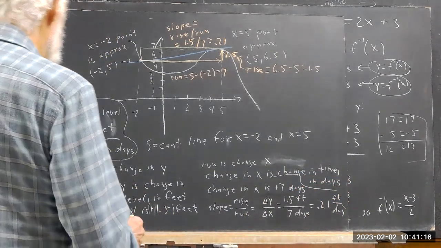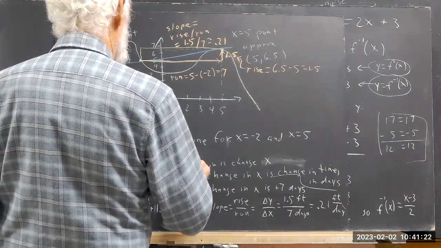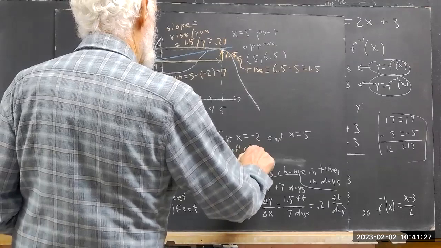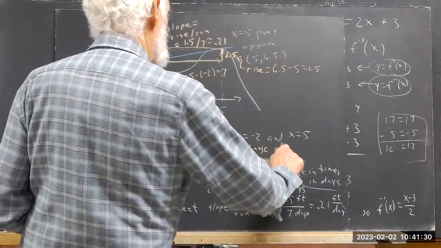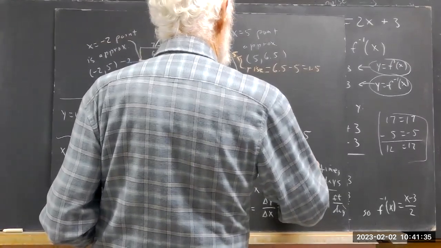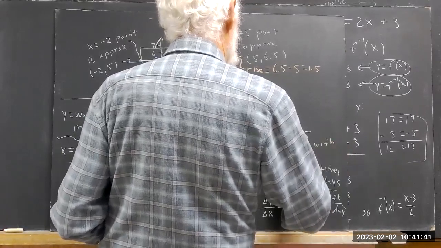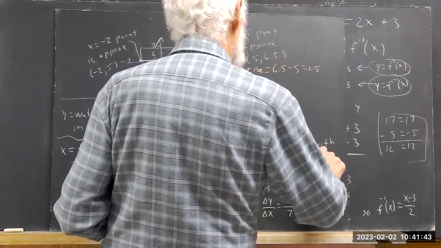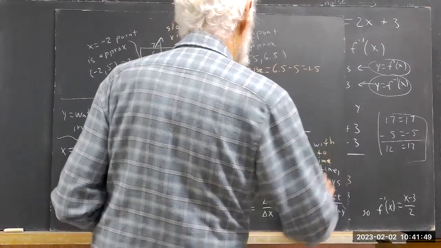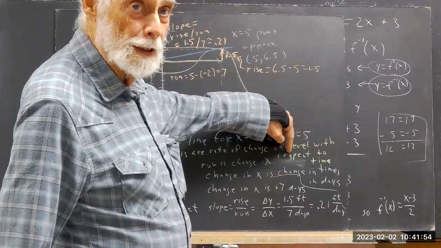So we could say that slope is your average rate of change of your water level with respect to time.